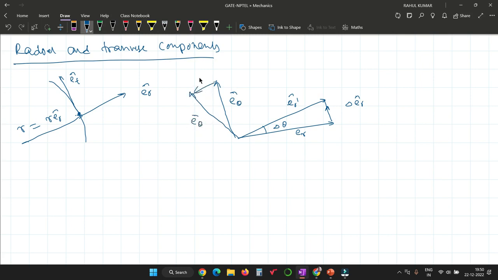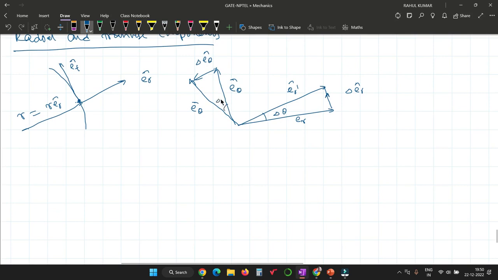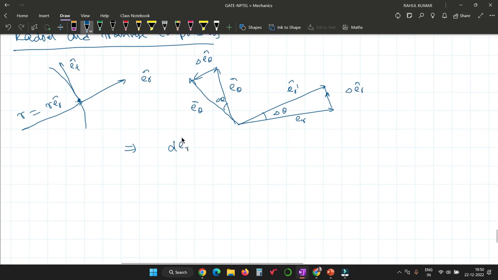So what is this vector? Delta e theta cap. So what can I write? The derivative of er cap with respect to time is d er by d theta into d theta by dt, and d theta by dt is nothing but omega, or theta dot. d er by d theta is e theta.